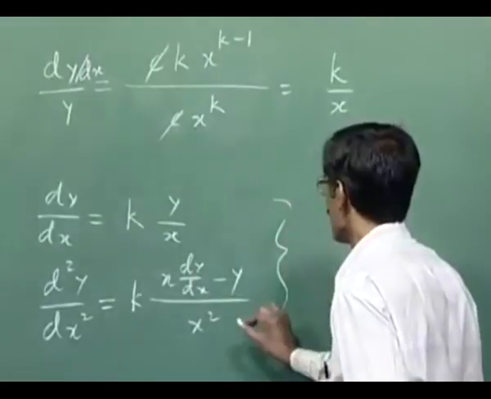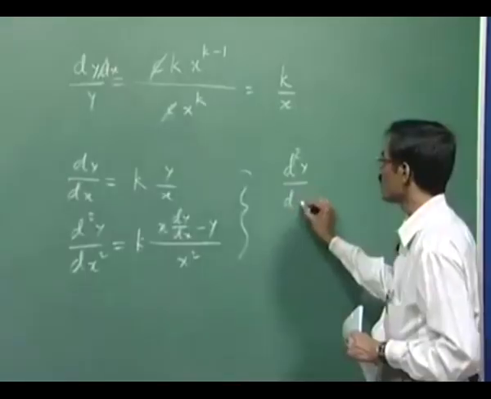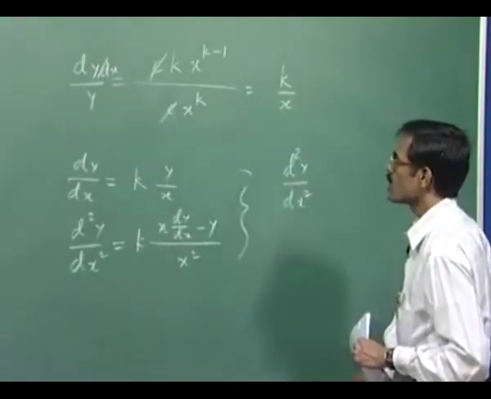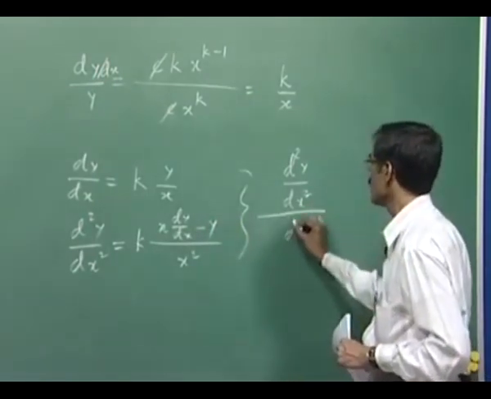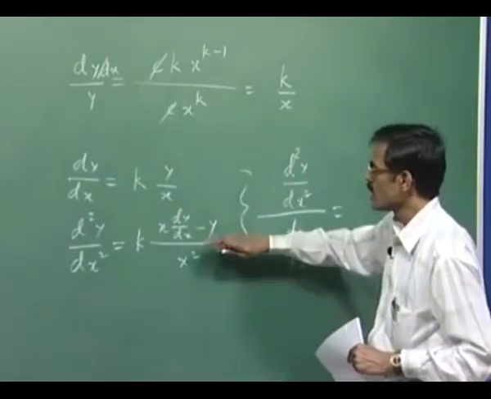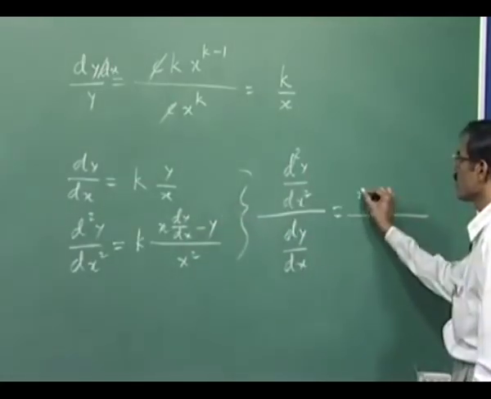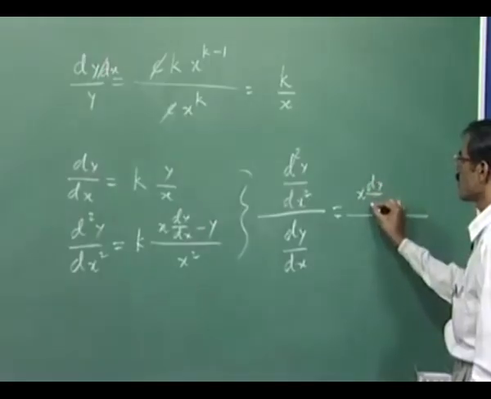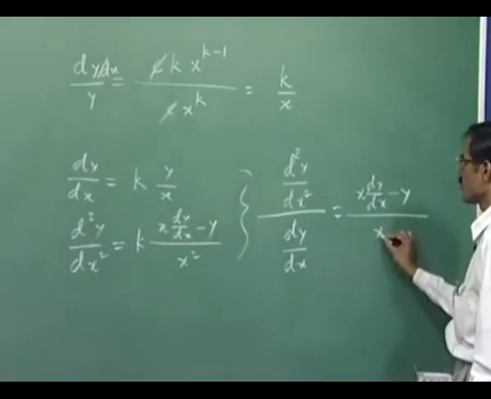So, from here you will note that d2y by dx square divided by dy by dx turns out to be this divided by this, and that will mean this.